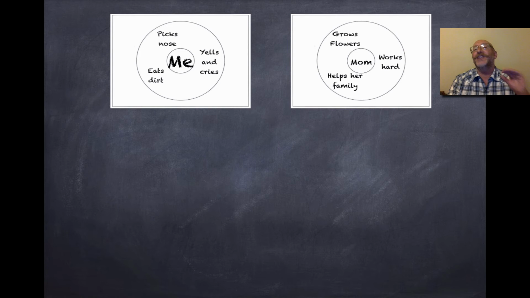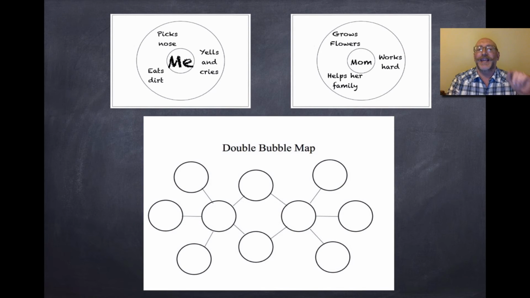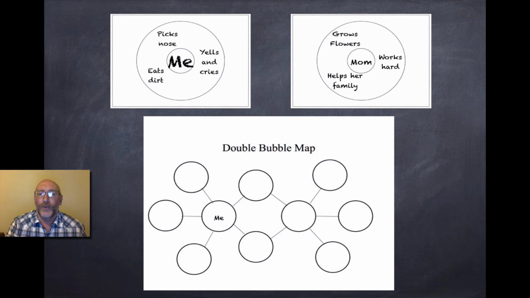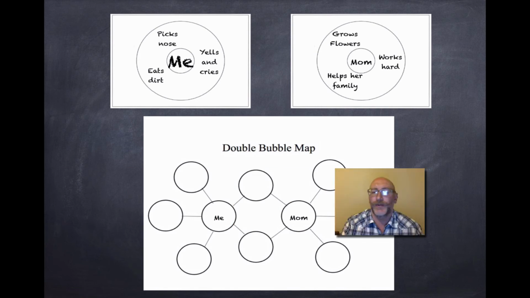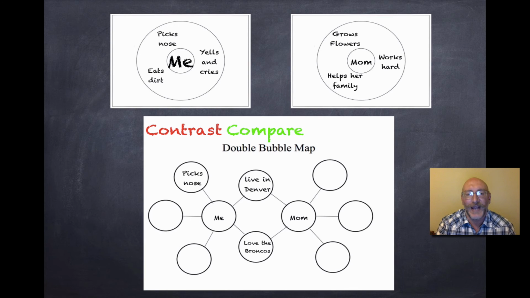You will then use the information on those circle maps to make a double bubble map. One side of the double bubble map for you, the other side of the double bubble map for your family member. You will fill in the sections that are the same, that you can compare between the two of you, and you will fill in the sections that are different, that you contrast for the two of you.